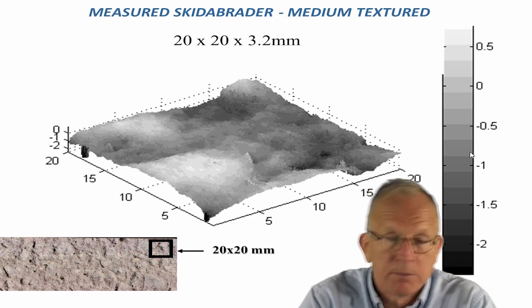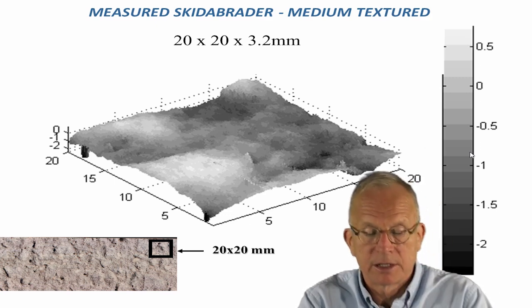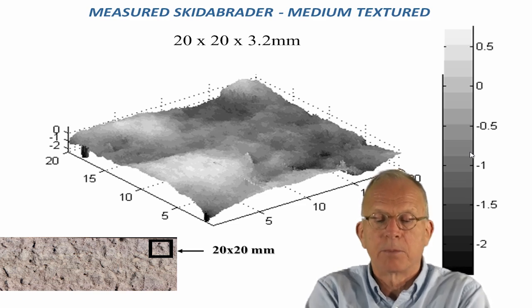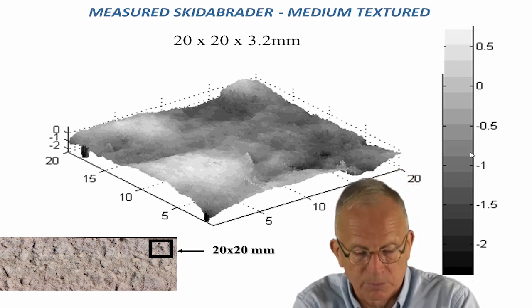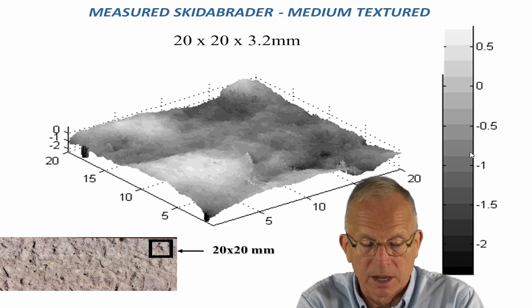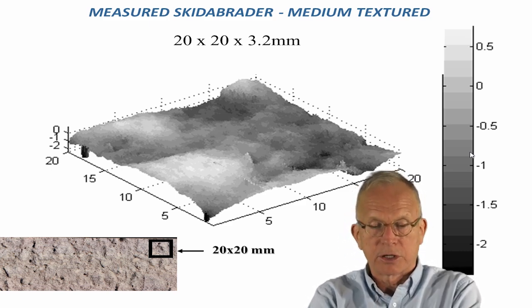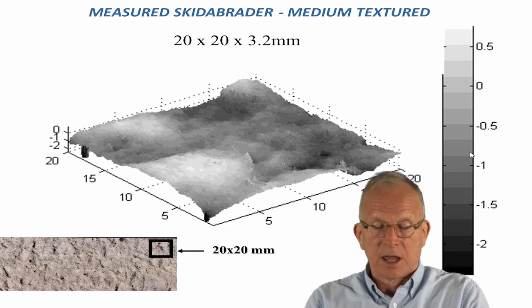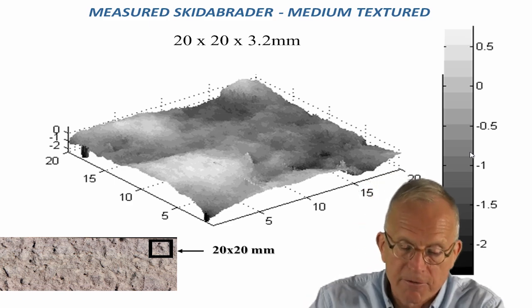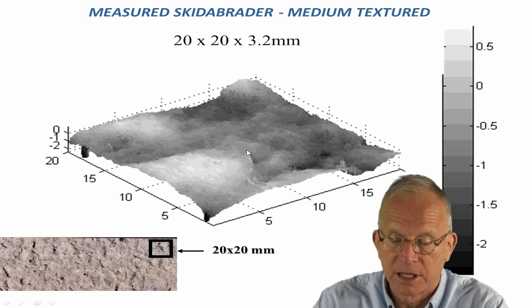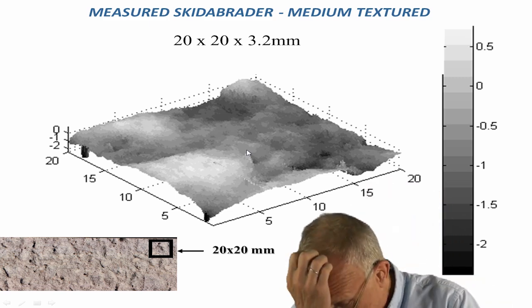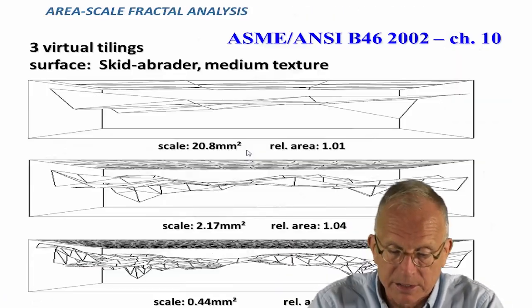Here's a pavement actually measured by that instrument, and it's a skidabrator as a way of conditioning your runway pavement to get around the lower friction coefficients that you might see as the rubber material fills in the details on the pavement where it lands.